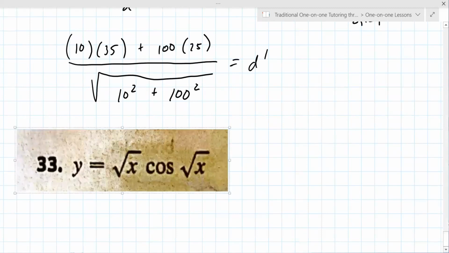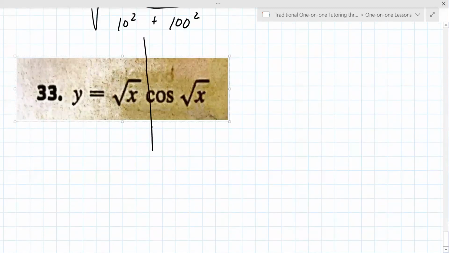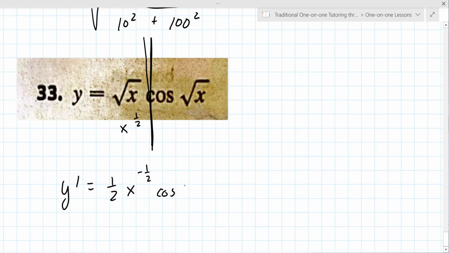All right, so here we go. This is product rule. There's your breakpoint. Derivative of square root of x. This is really x to the 1/2, so it's 1/2 x to the minus 1/2. Keep the second. And it's okay to mix exponents and roots. Plus, keep the first, square root of x. Derivative of cosine is minus sine.